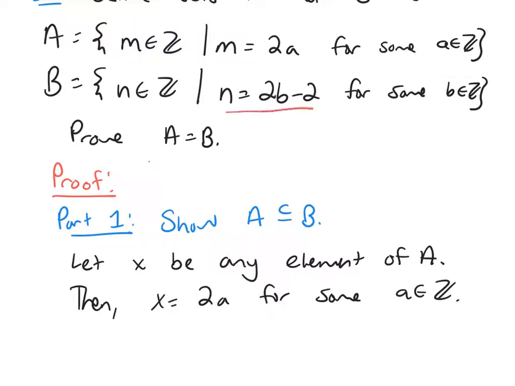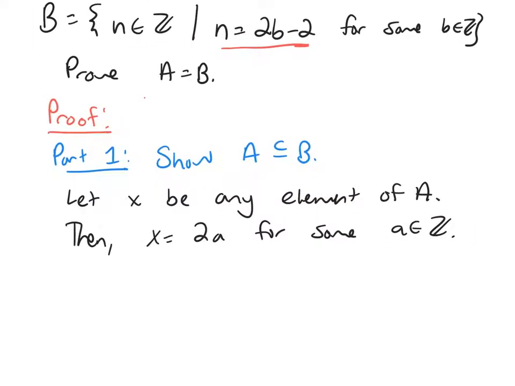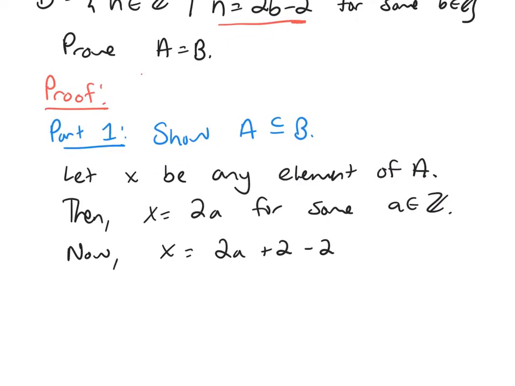So in particular, I need this minus 2 that's on the end. So I'm going to rewrite this. If I want to have a minus 2 on the end, I need a plus 2 so that they cancel out and it stays the same. And then I've got my minus 2 on the end. I'm going to rewrite this first part as 2 times A plus 1.